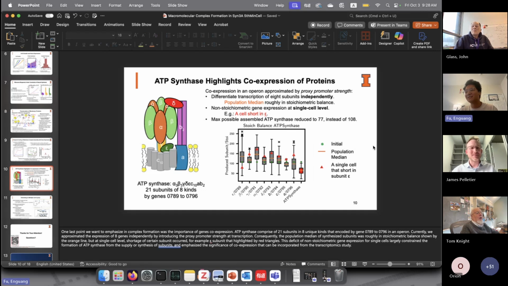So we consider this situation. Actually, the example proposed by that paper is the ribosomal large subunit. And we do observe the non-stoichiometry from the proteomics of the ribosomal proteins.